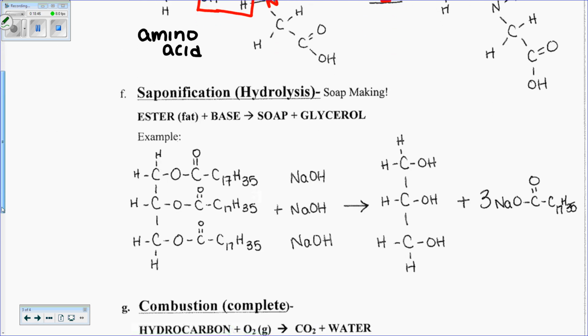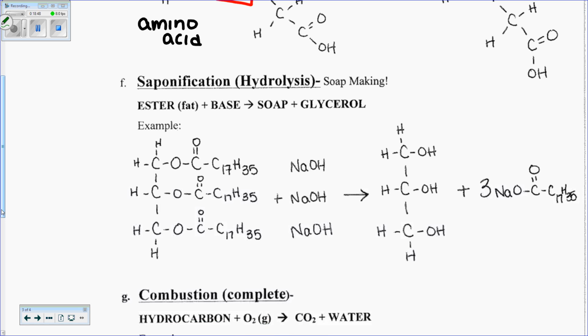So now, saponification. Saponification is also known as hydrolysis, but really we'll call it saponification. And this is soap making. So literally, soap. So when I make soap, here's what I'm going to do.